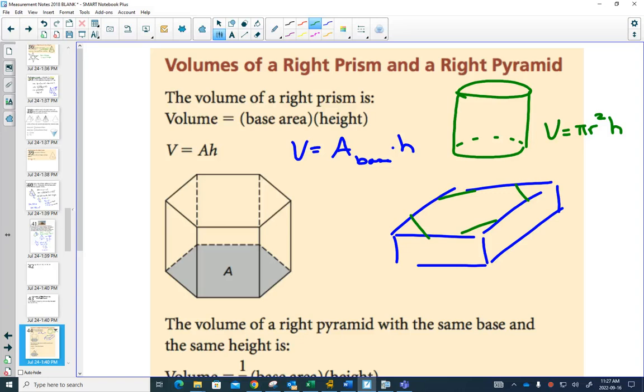Doesn't matter what shape is on the bottom, it will get multiplied by the height. On your formula sheet, you have this one, volume, area of base times height. You have the cylinder as well. The pi r squared circle formula for area, yes, it's on your formula sheet as well.